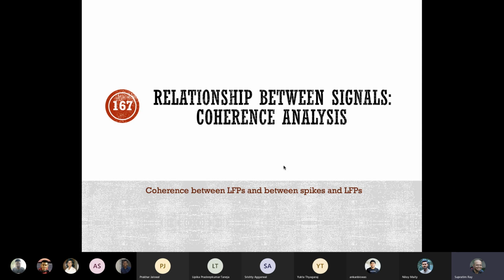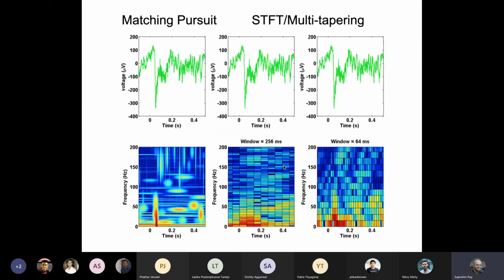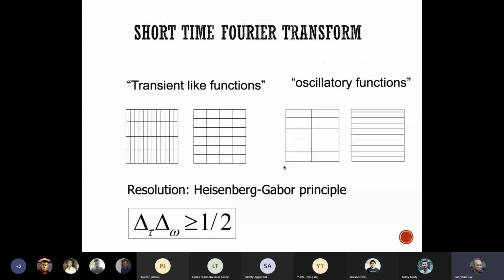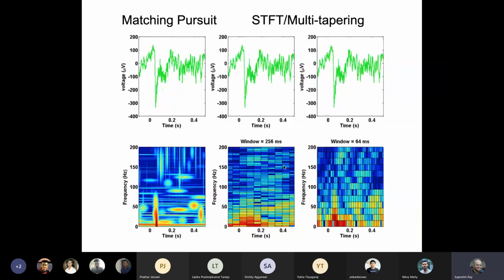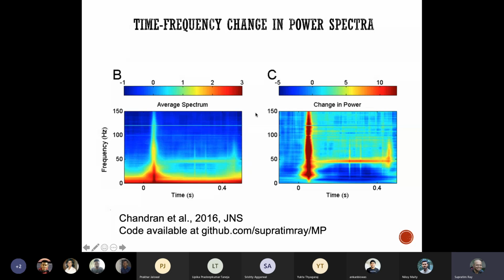Okay, so we had finished talking about time frequency analysis in the previous class, and we had talked very briefly about the matching pursuit algorithm as well, which allows us to get a very nice time frequency power spectrum shown here, and a change in power spectrum shown here.